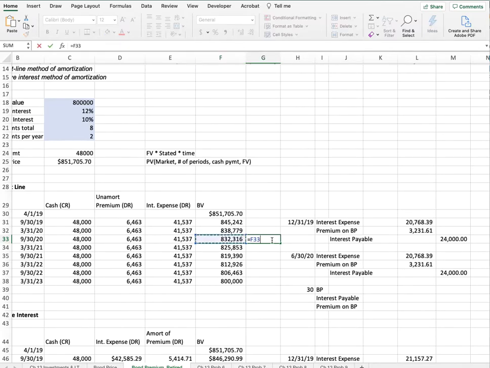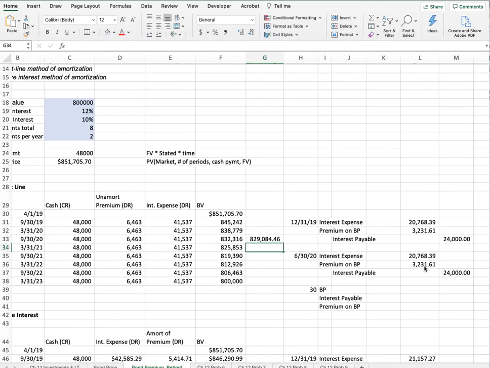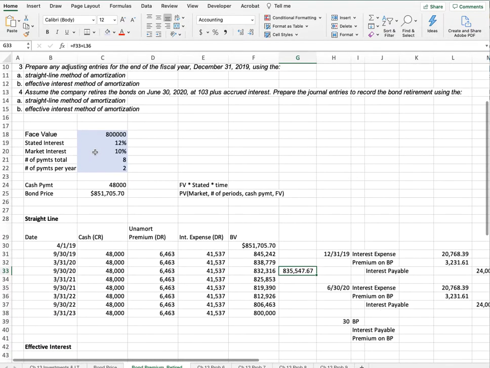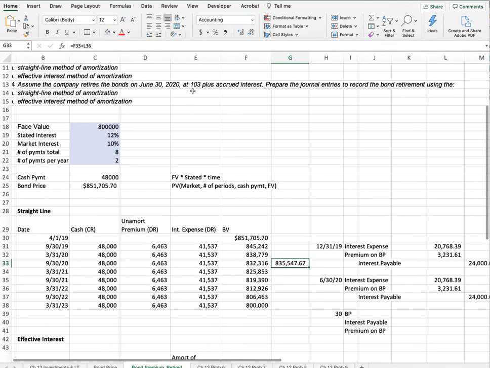So that means I should have added those together. That means that the book value of our bond right now is $835,547.67.